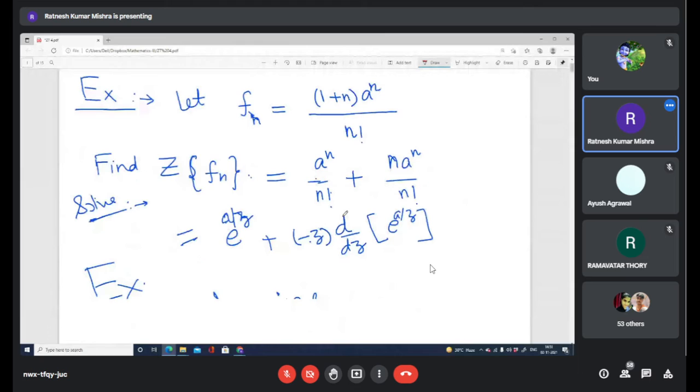So mainly this is the use in the difference equation. So okay, anyway we will discuss later. First we study the last thing before the application of Z transform.